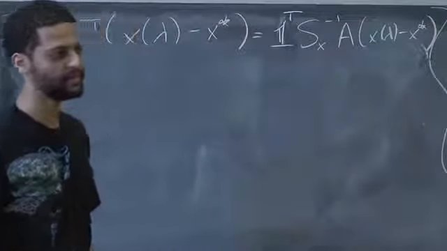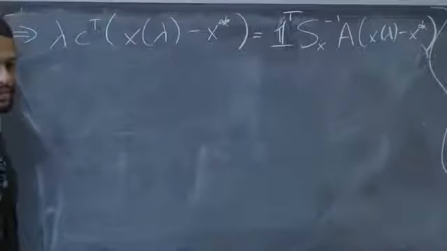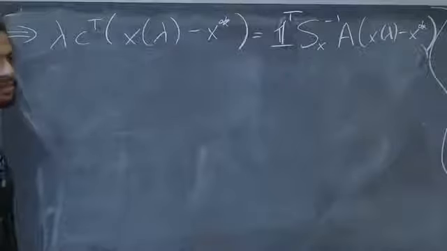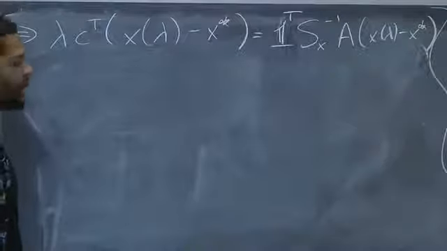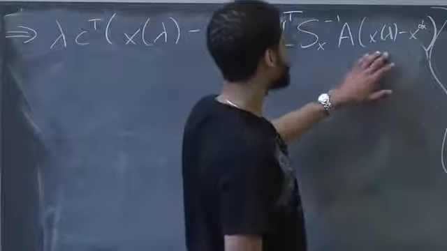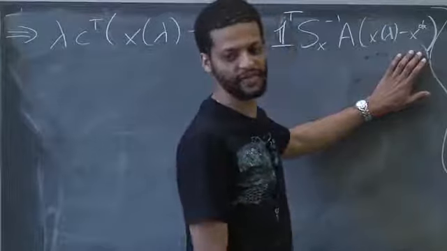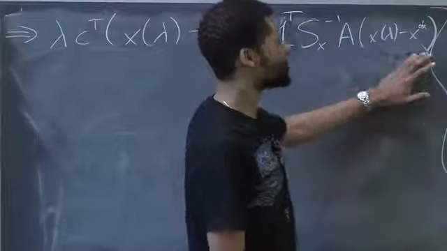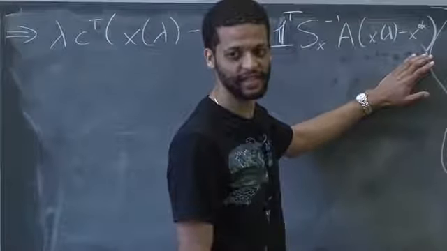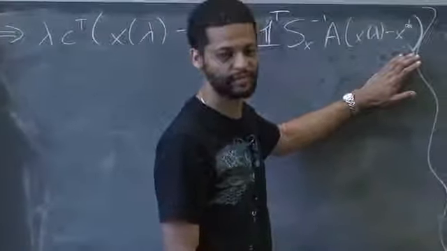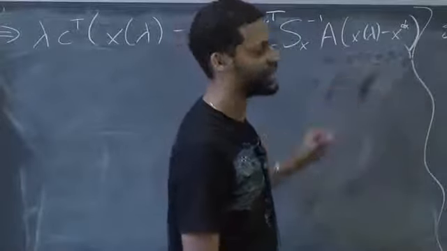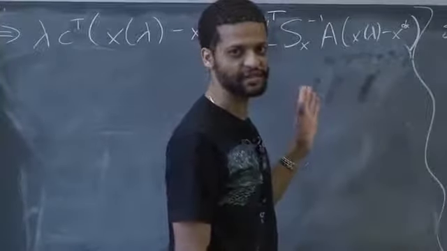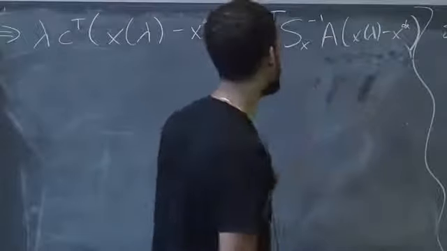Right, A of x lambda minus b, that's the definition of the slack vector for x lambda. A times x star minus b, that's the slack vector for x star. When you take the difference between them, the b's cancel.